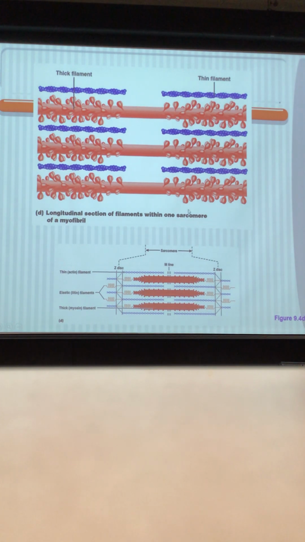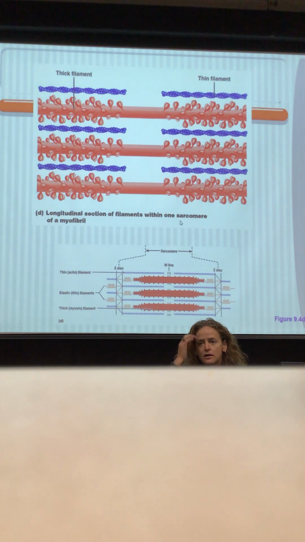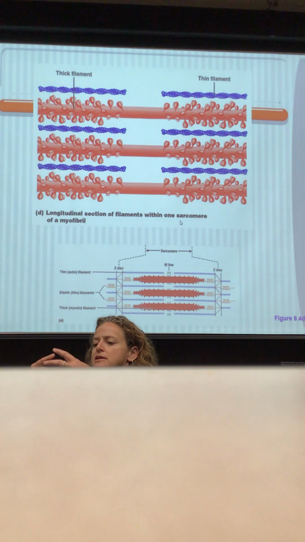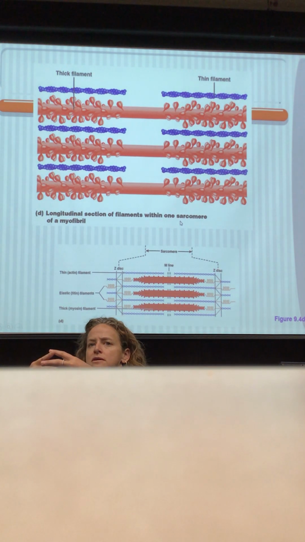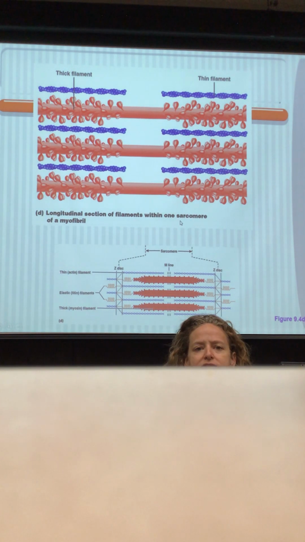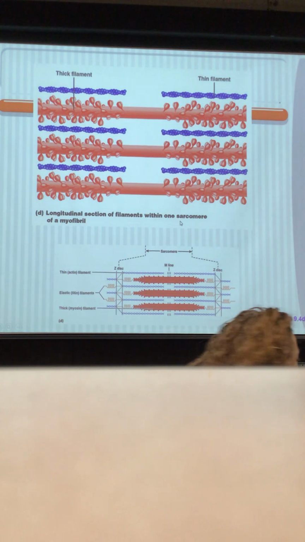Sarcomere. That horizontal unit is called a sarcomere. So a sarcomere is a horizontal unit of actin and myosin.